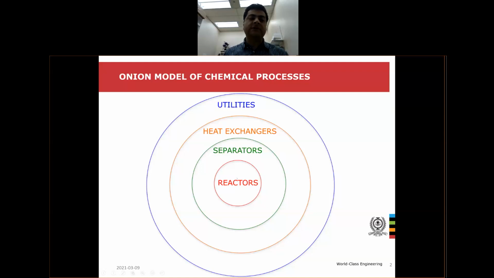So first, when you want to design a chemical process, you have to think about reactors. After you design reactors, then you have to think about the design of the separators, like distillations, even condensers, whatever. And then you have to design heat exchangers, and then the utility system of your chemical process. So you see that reactors are really important unit operations.